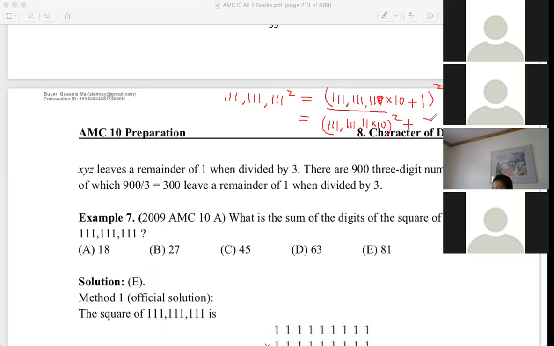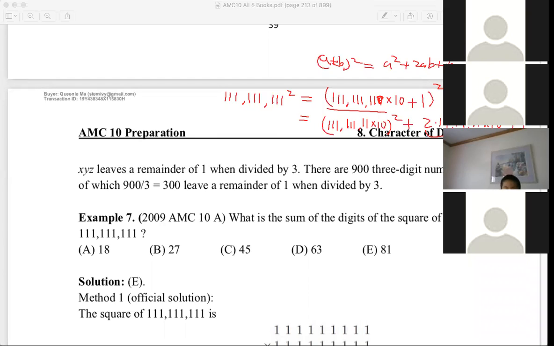Then plus 2 times, you use that formula: a plus b, this one squared equals a squared plus 2 times ab, then plus b squared. Use this formula. You get 2 times 11,111,111 times 10, plus 1, right?